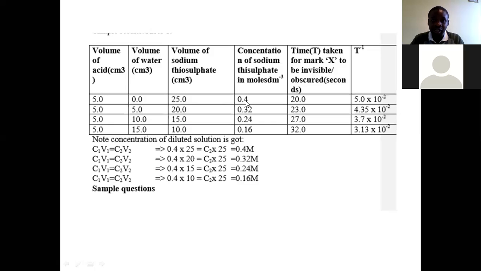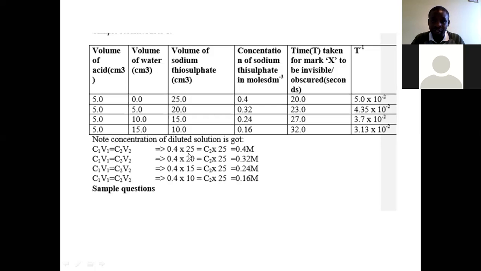So if initially it was 0.4, and the volume is 25, then you can calculate the new concentration by putting C2, and the total volume has been added to 25. So the first concentration is 0.4. Then using the same formula, C1V1 = C2V2, you can see that if the initial concentration is 0.4, the initial volume now has decreased to 20.